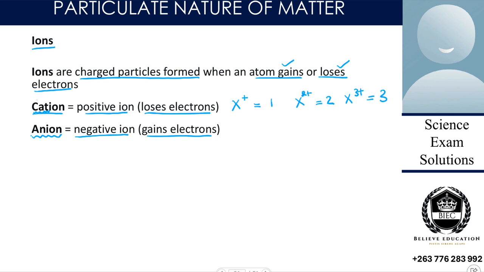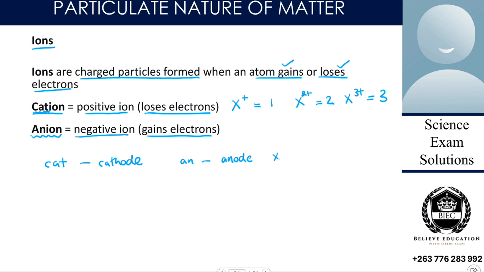So cat is for cathode and an is for anode. In other words, a cation is an ion that goes to the cathode, and an anion is an ion that goes to the anode.